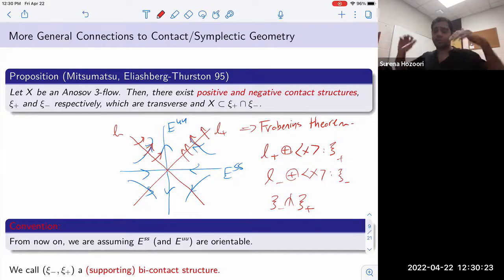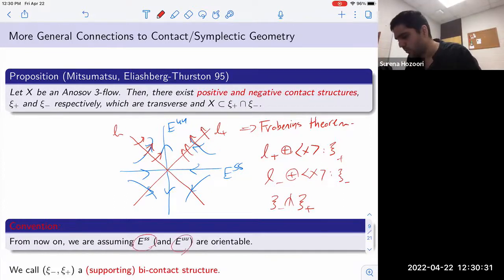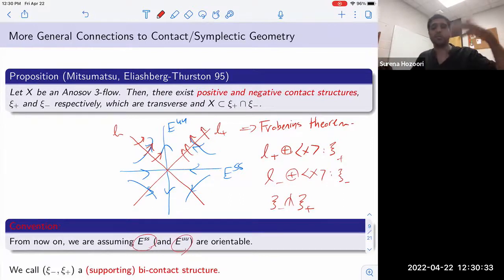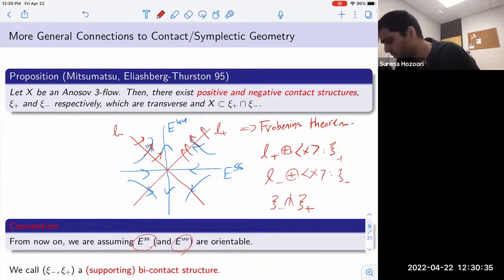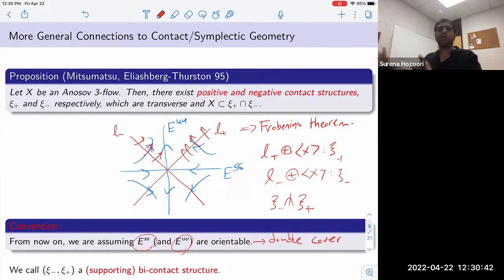So if I want to stick to the definition of contact structures as co-orientable plane fields, then I should also assume that these two directions are orientable. If one of them is, the other one is also orientable, which is always the case, assuming that the manifold is orientable, possibly after going to a double cover.